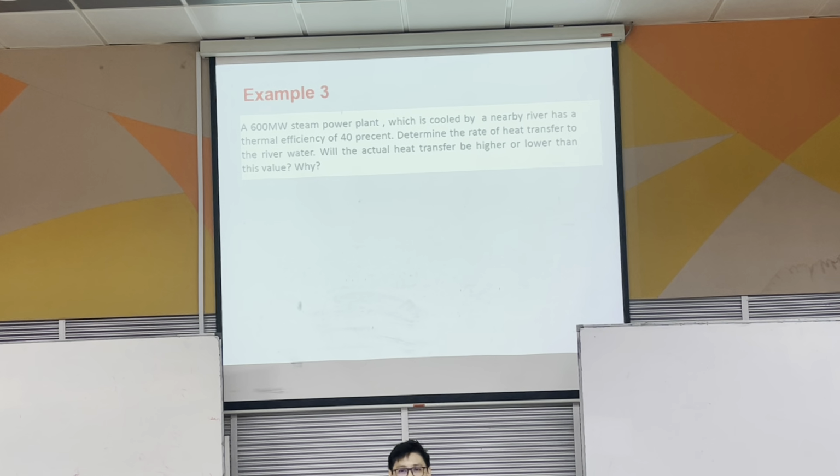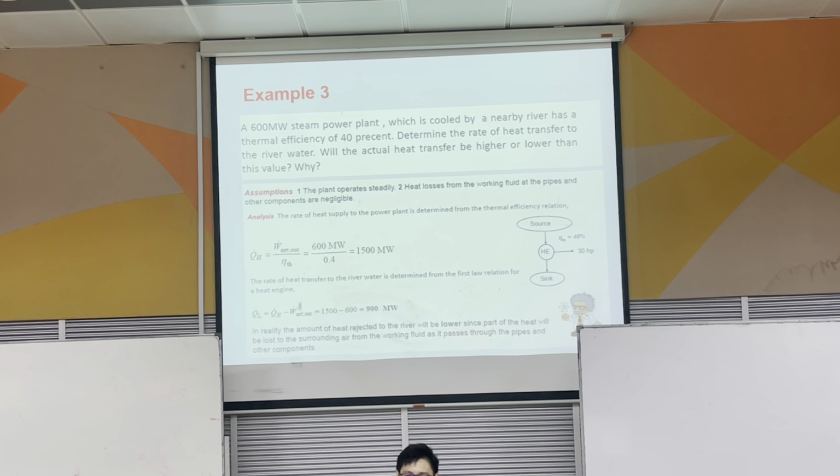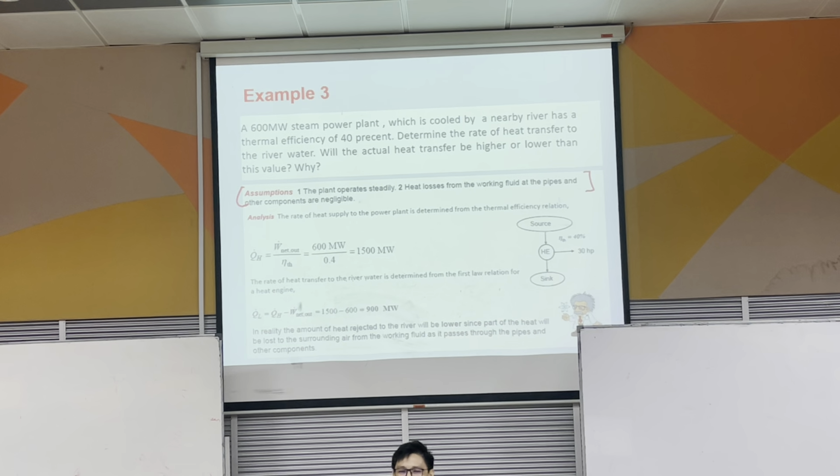For this case, always remember this one: we have assumptions. The power plant I showed you just now has all open systems inside it. So we still have this assumption here, steady operation, so it operates steadily. In this case, we are neglecting all the heat losses to the surroundings.